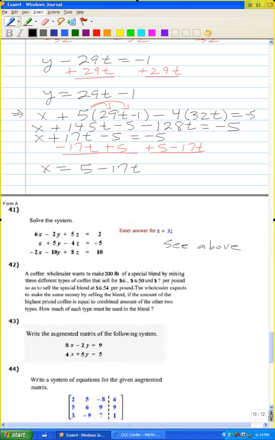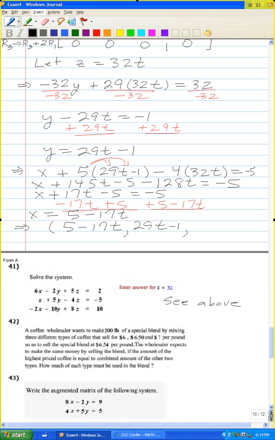And so my solution is, actually I'm almost done. So that says that my solution here is, well, x is 5 minus 17t, y is 29t minus 1, and z is 32t.